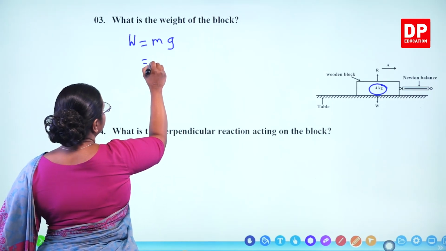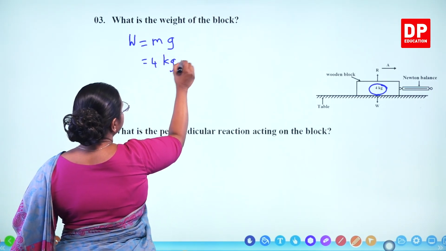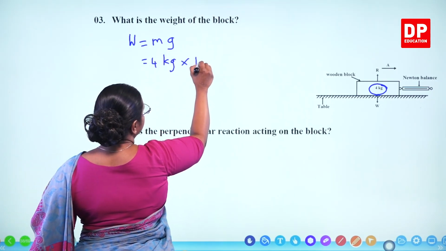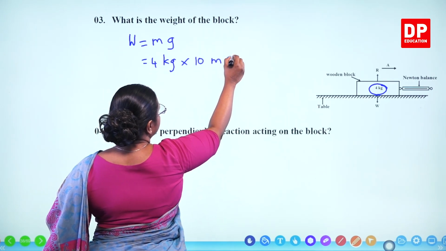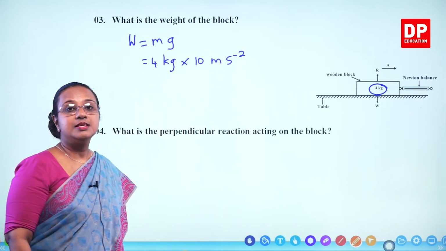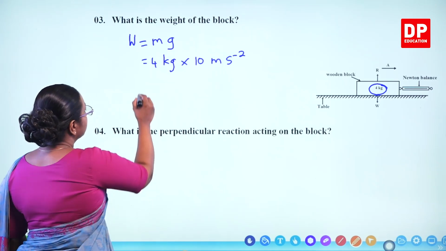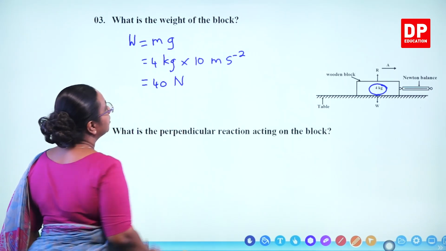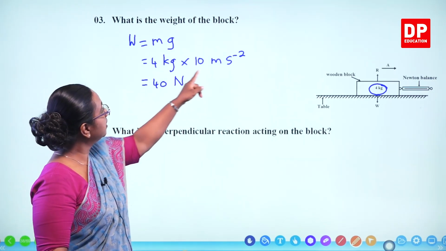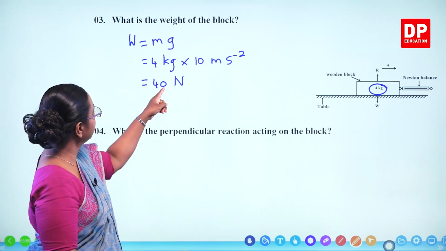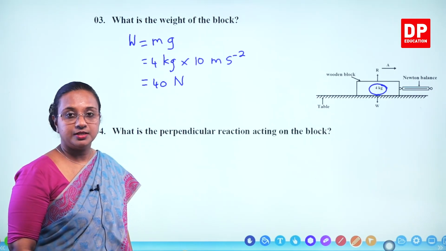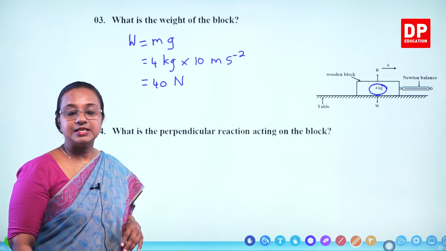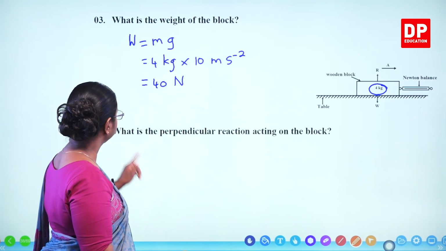Mass is given as 4 kg and gravitational acceleration, we take it as 10 meters per second square. So that will be equal to 40 Newton. Kilogram meters per second squared is equal to Newton. 40 Newton is the weight of the object.